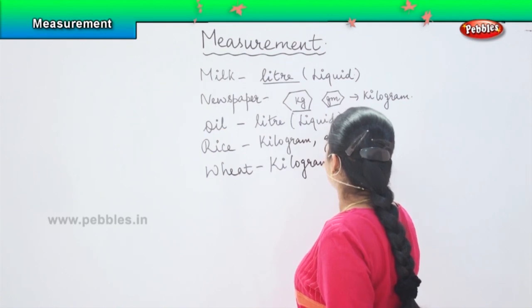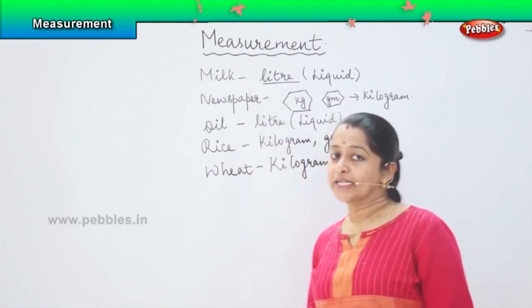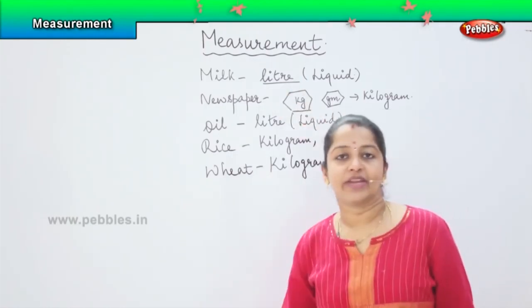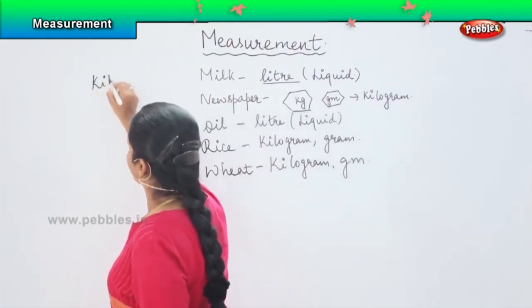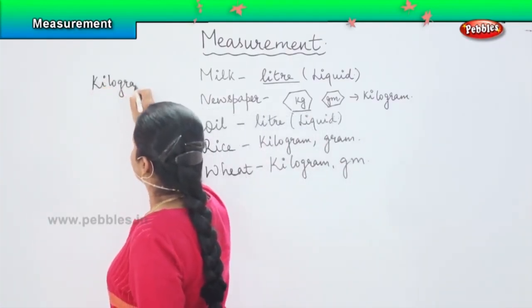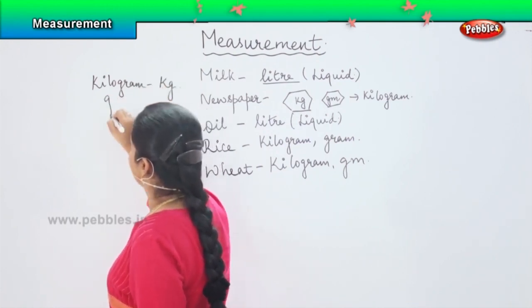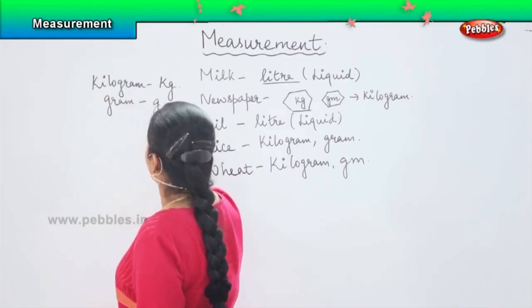So children, for these things we have short forms also. It is not possible for us to expand each thing and write it after each and every answer, right? So for kilogram we write kg. For gram we write either g or gm.